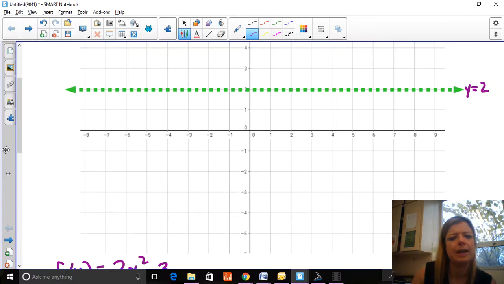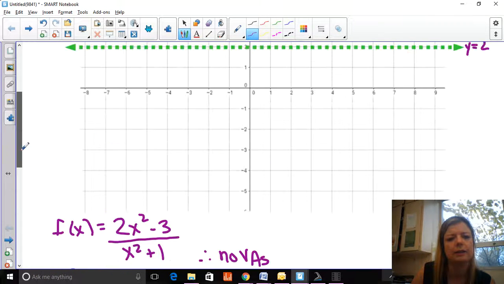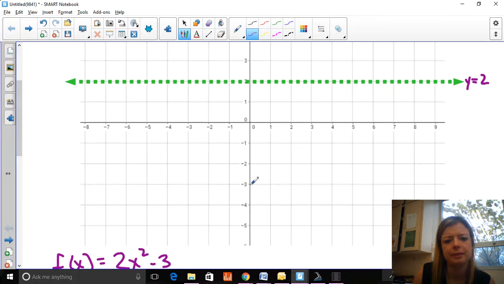All right. I have a y-intercept at -3. Interesting. And I have these x-intercepts at negative root 3 over 2 and positive root 3 over 2. Okay, so it looks like it might be going down and then back up, but then what happens here?